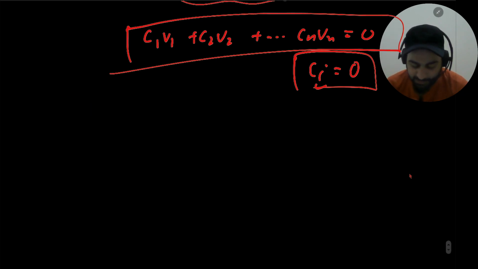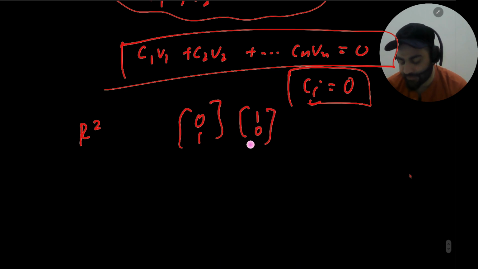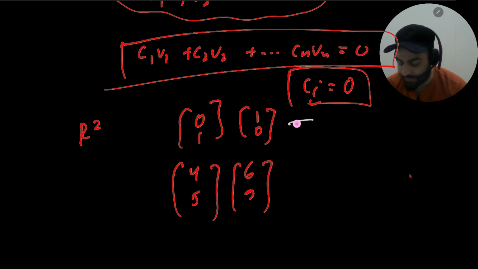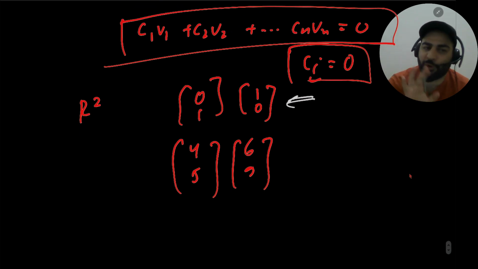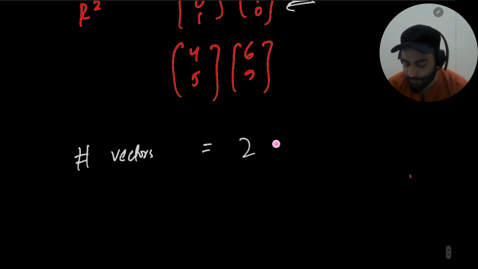So if you just see this R2, it has (0, 1) and (1, 0). These are standard bases. Some other vectors can also be there, like I just took (4, 5) and (6, 9). This also can be a basis, but these are standard bases. One thing that is common in all the bases is that the number of vectors in a basis is equal to 2 in this R2.